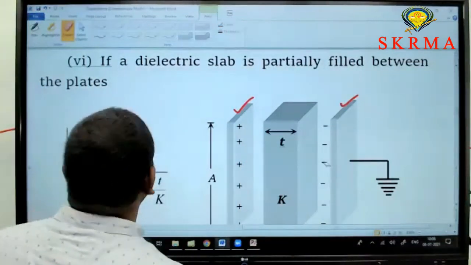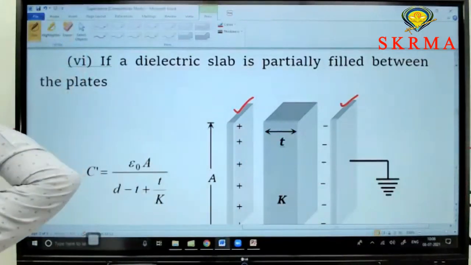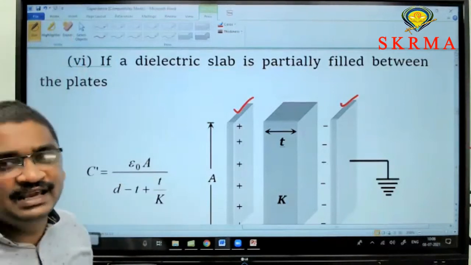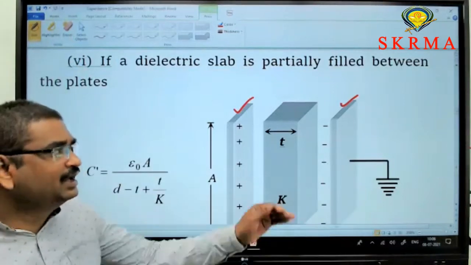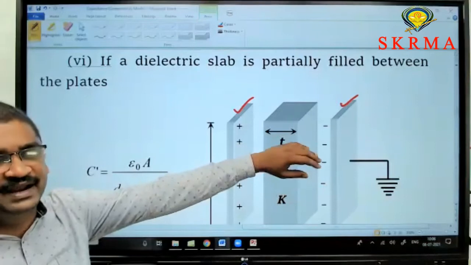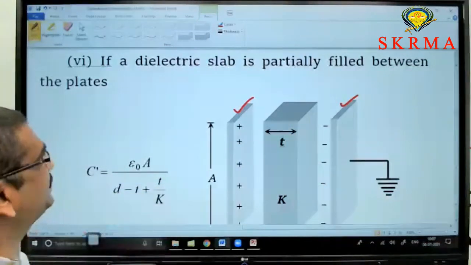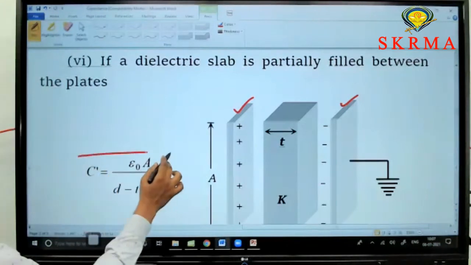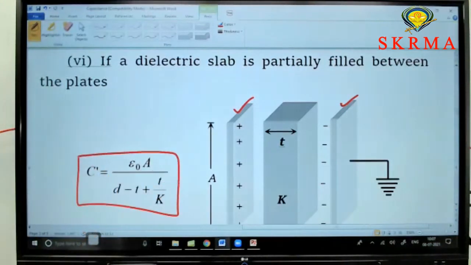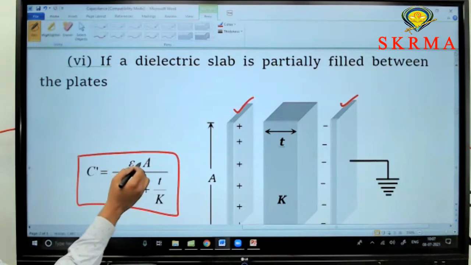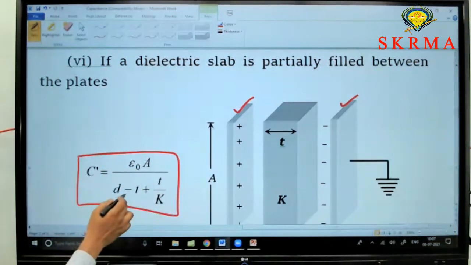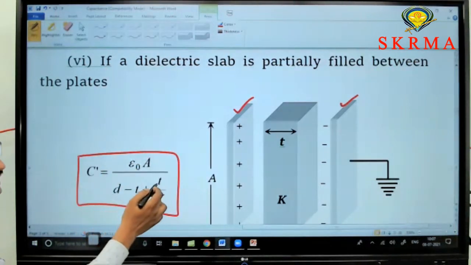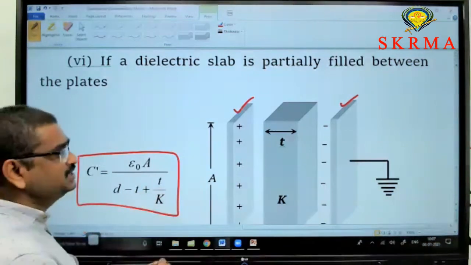If you fill the space between the capacitor plates partially, what is the capacitance of that type of capacitor? The capacitance is given by the equation epsilon naught into A by D minus T plus T by K. What is T there?